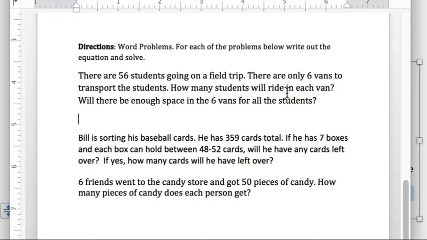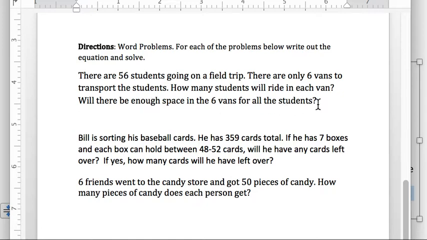Now, if I have 6 vans and 56 students, some of those vans will have more people and some will have fewer, right? I can see that if I have 4 vans that have, well, how could I do this? I can have 48, 56, yeah. I'd have a couple with 10 and others with 9.